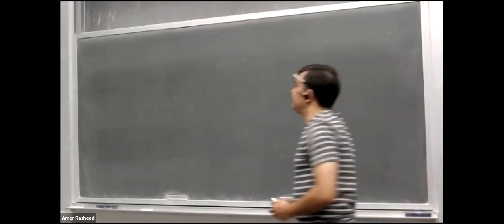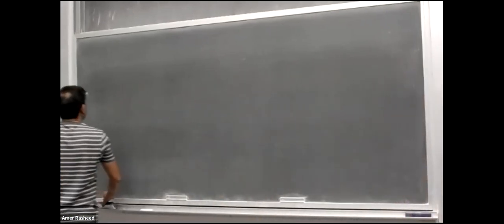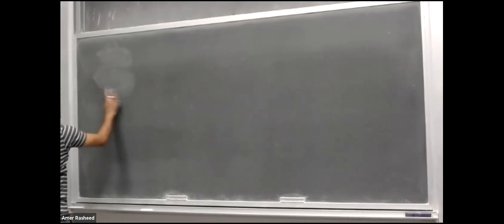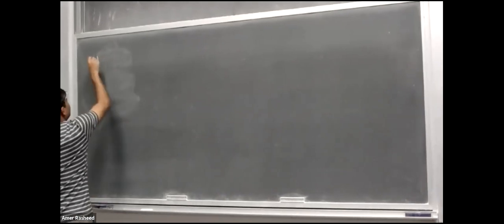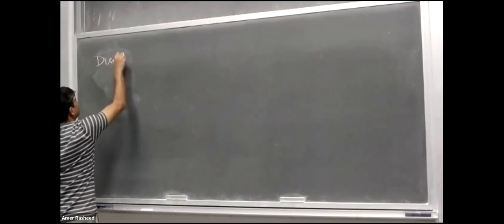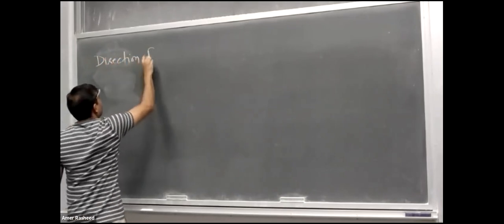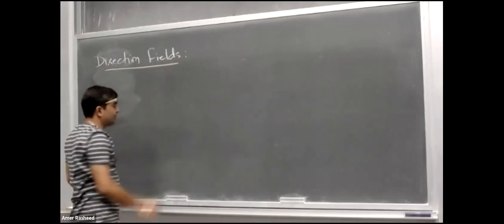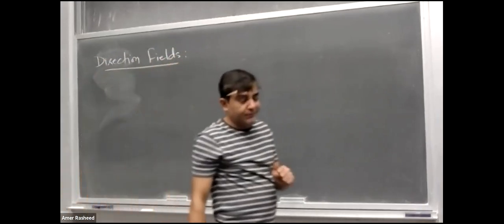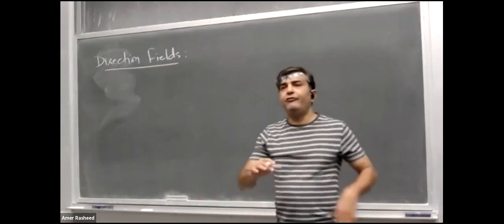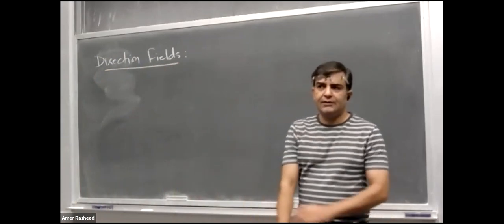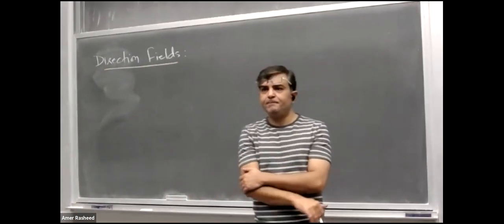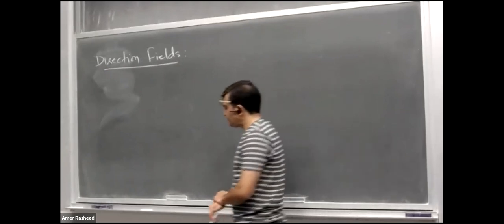Yes, we were discussing direction fields. Let me remind you the main concepts. Direction fields. In fact, direction fields is a method for displaying the general form of the solutions of first order differential equations graphically.